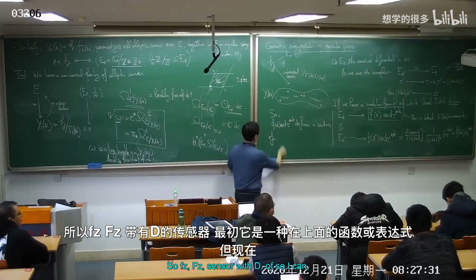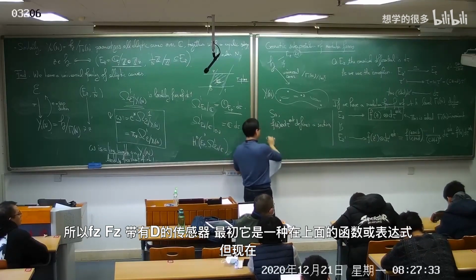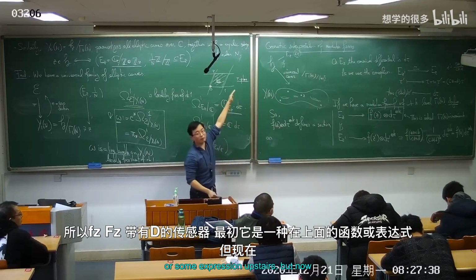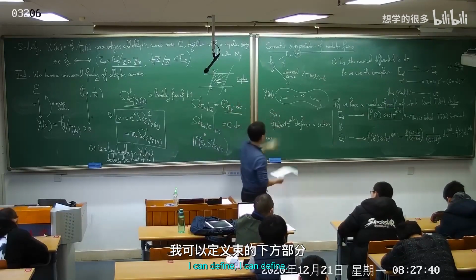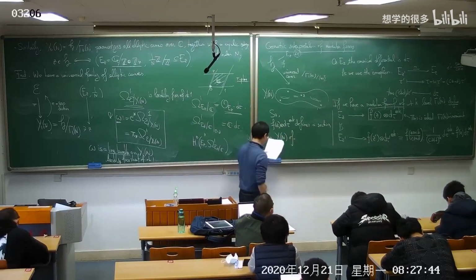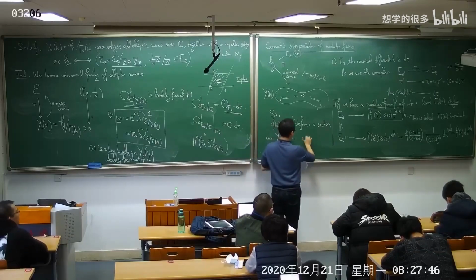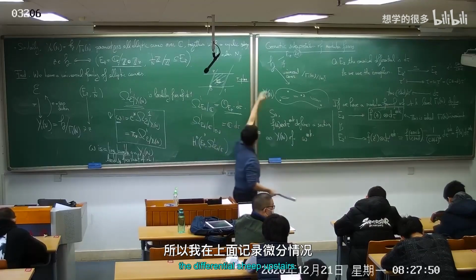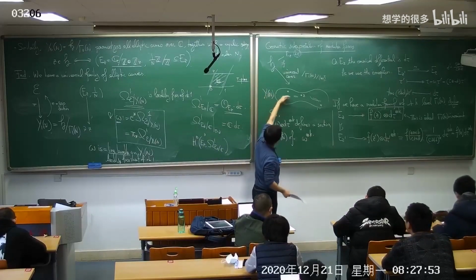Originally it's some sort of function or expression upstairs, but now I get a section downstairs of the sheaf omega tensor with k. Namely, I record the differential sheaves upstairs.